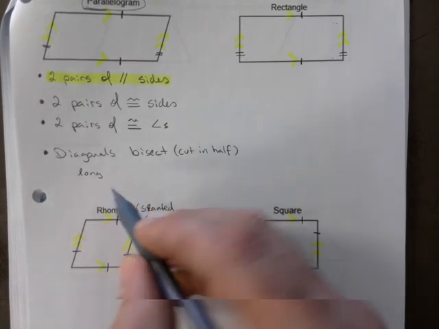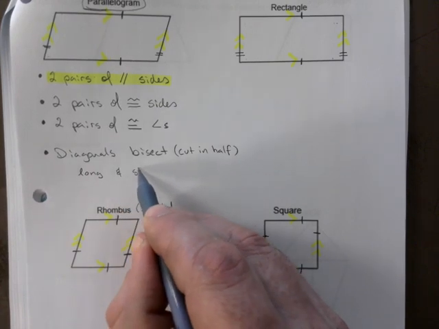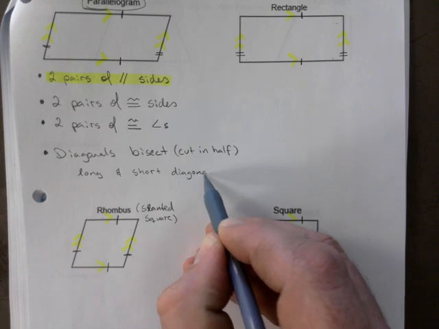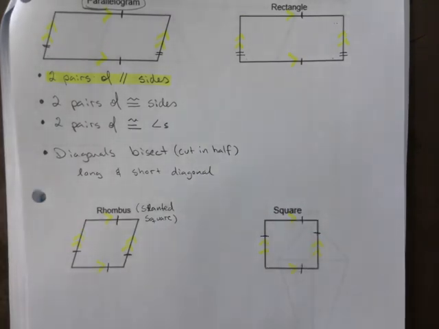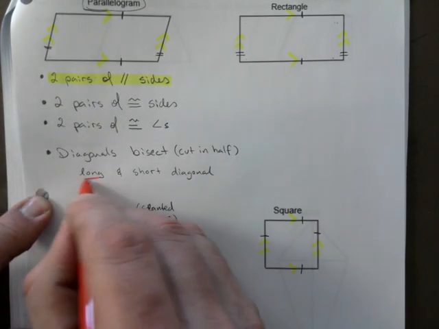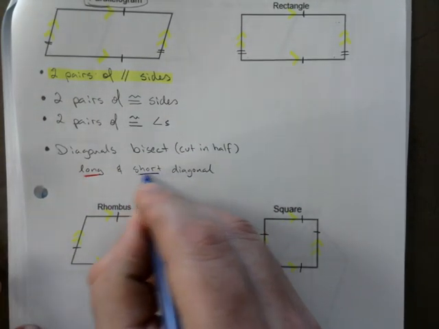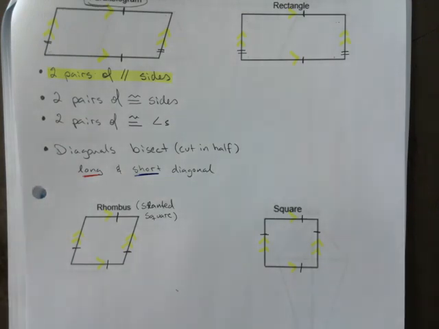And so I will just do this. There's a long diagonal and a short diagonal. I have actually a red and a blue pen for this one. It's up to you how you want to do that. But the long diagonal, I'll go with red, and short, just because there's going to be a lot of stuff going on here.